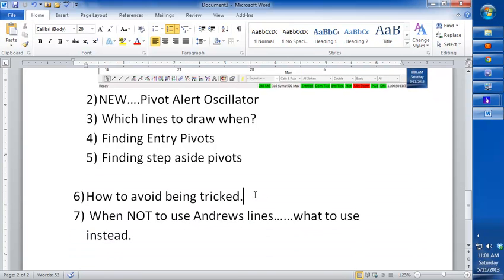Now, we'll talk about how to avoid being tricked by the market when the invisible hand comes in there and erases pivots, and very important, when not to use the Andrews lines and what to use instead. We're going to take standard textbook things right out of the advanced course manual. When you have a certain pattern, you draw the lines a certain way, and boom, prices will either turn at that line or they will not.